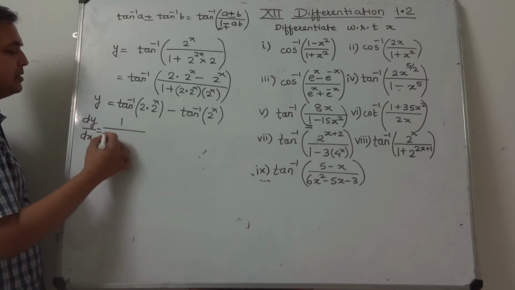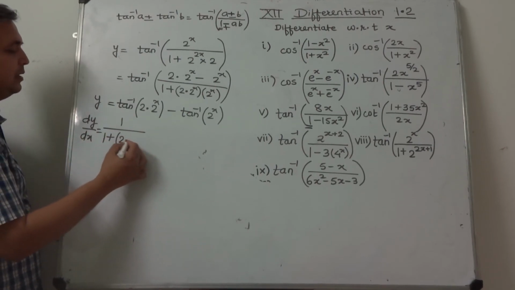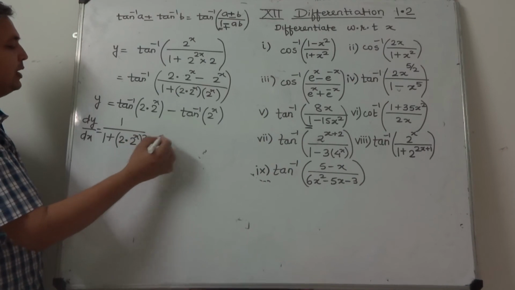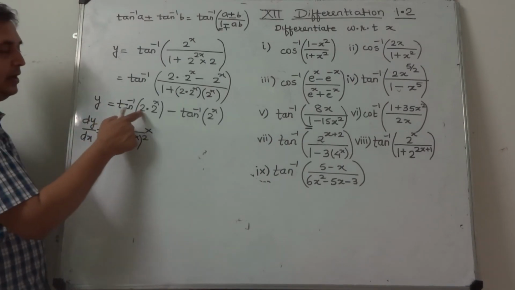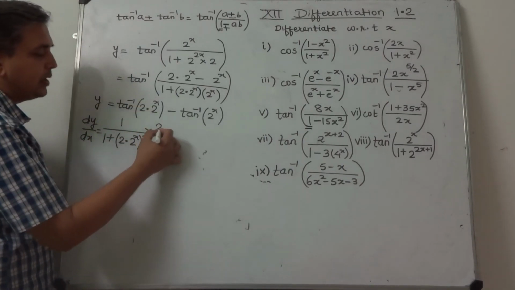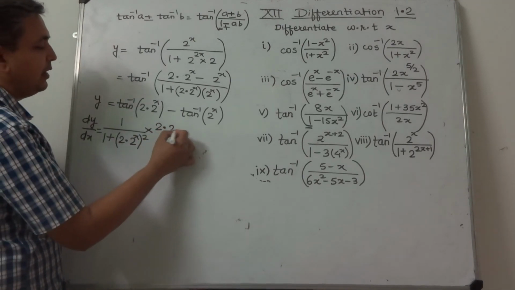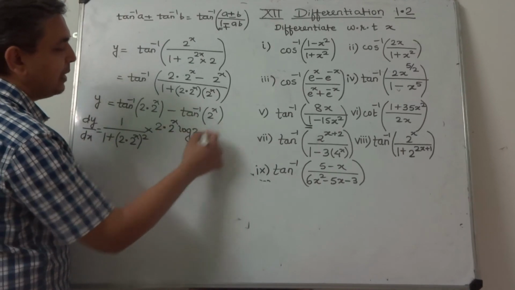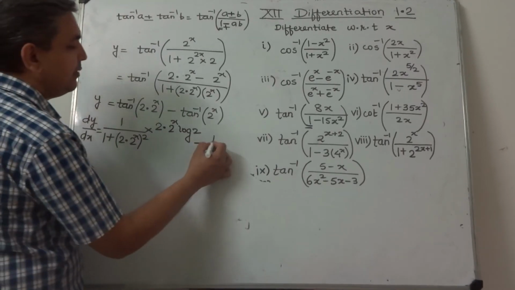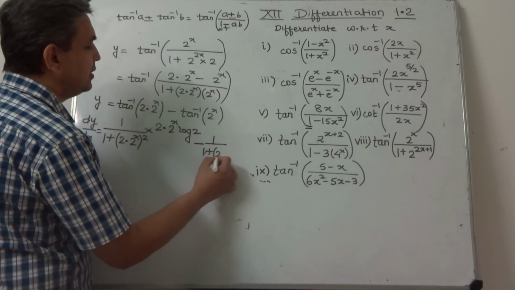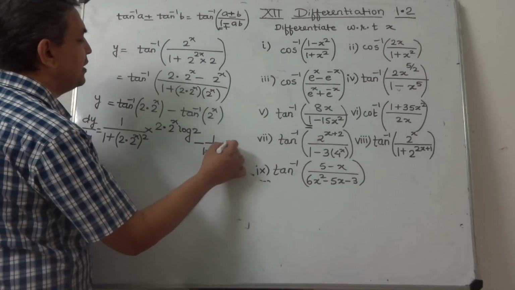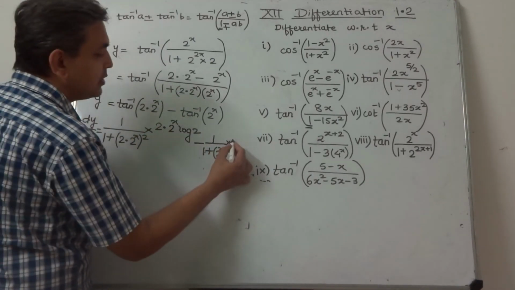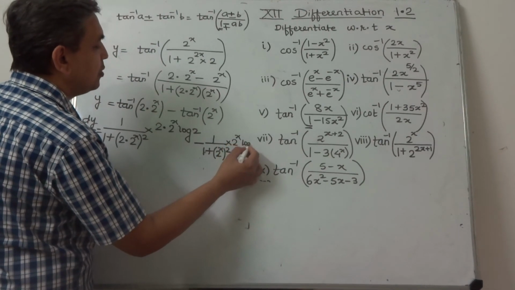Derivative of tan inverse is 1 upon 1 plus 2 times 2 raised to x square into derivative of 2 times 2 raised to x, 2 constant. Derivative of 2 raised to x is 2 raised to x log 2, minus tan inverse derivative is 1 upon 1 plus 2 raised to x square into derivative of 2 raised to x, which is 2 raised to x log 2.